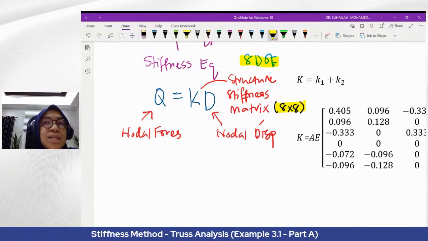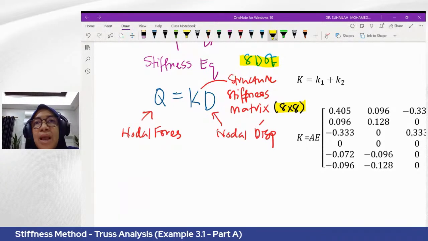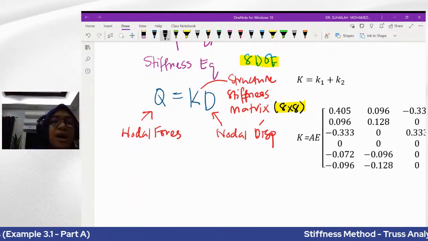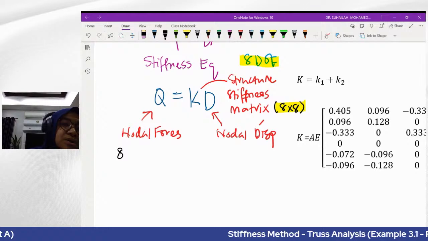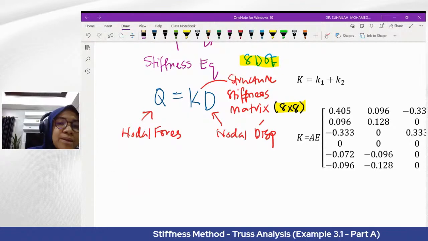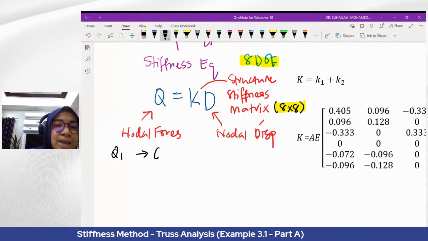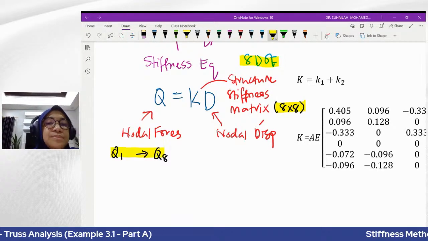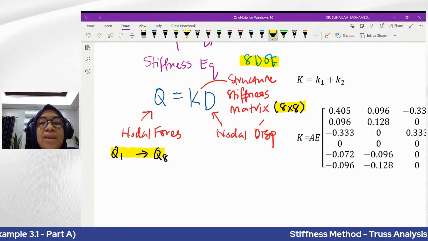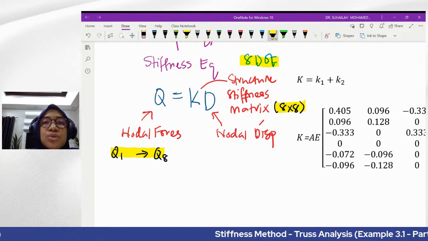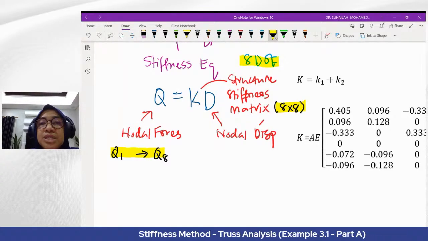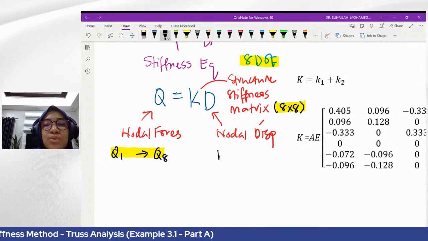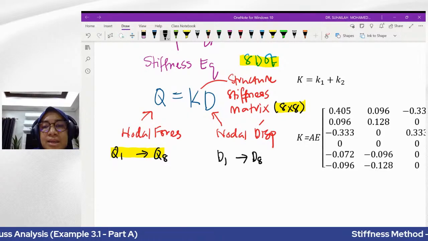And for nodal forces, there are 8 positions, from 1 until 8. It means that there are Q1 until Q8. And nodal displacement also has 8 positions, D1 until D8.